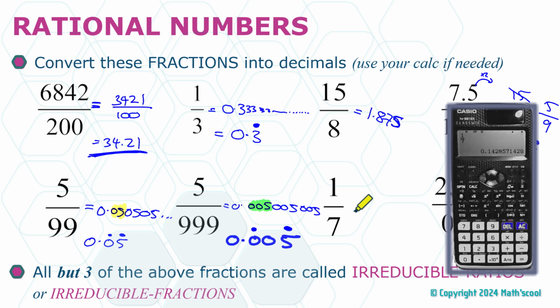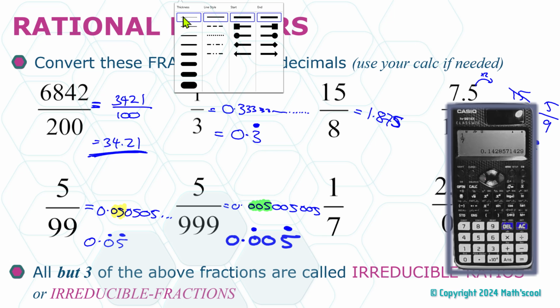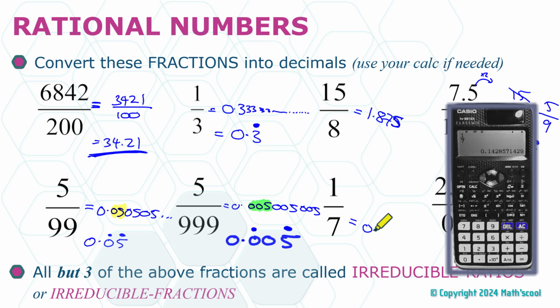Okay, it doesn't look like it's a recurring decimal, but it is. 0.142857, and it's from the 1 to the 7 that's repeating. And I'll show you that. The calculator says, oh yeah, and then it's 1429, and it's sort of trying to make you think that's not right.